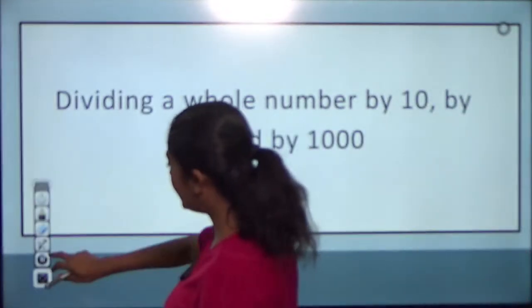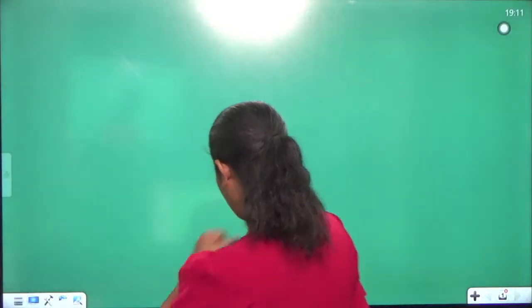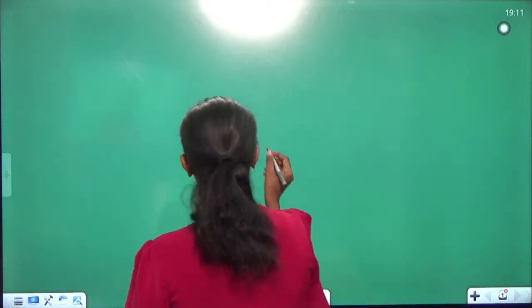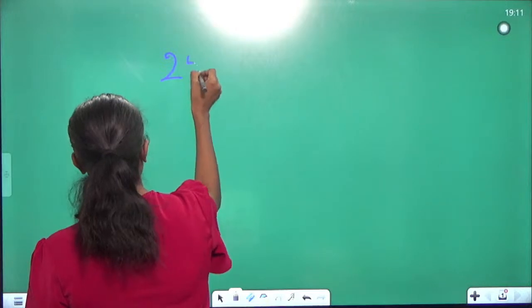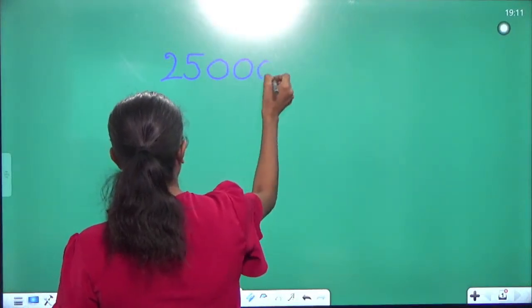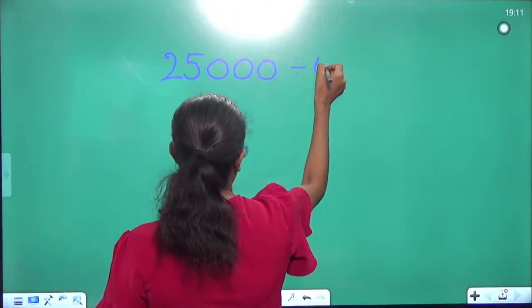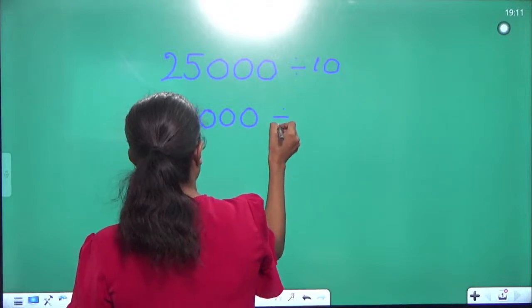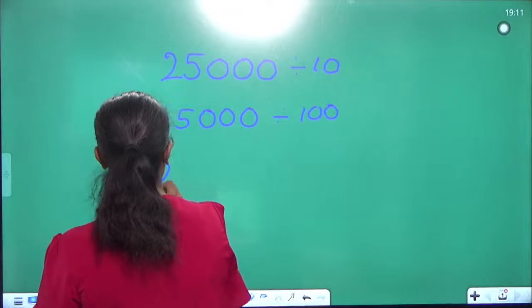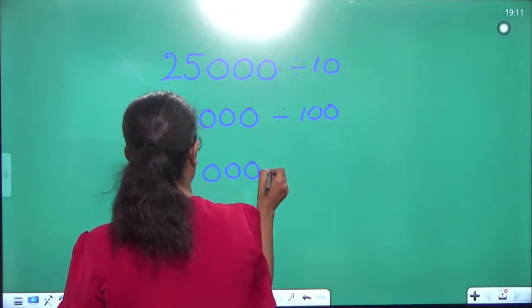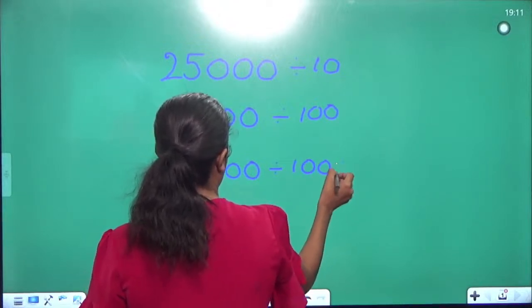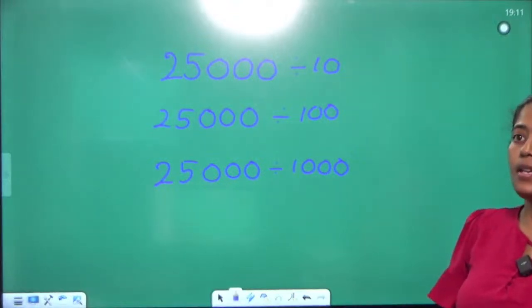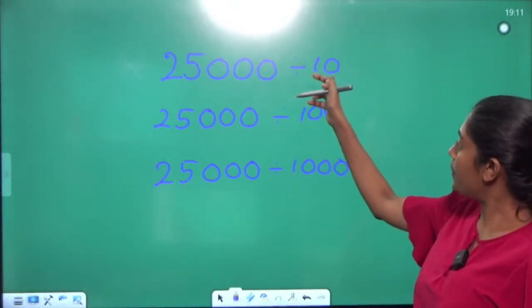Okay, we will see some examples. 25,000 we are going to divide by 10, then 100 and by 1000.